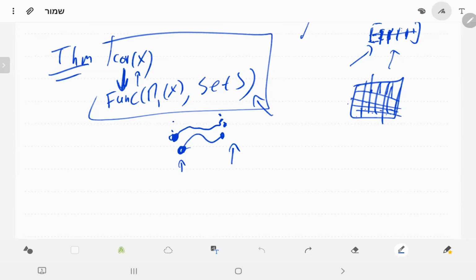Let's say X is connected, and then pi1 is just a little pi1, and then you just take the action of a group on itself, and this will give you the universal covering. So the universal covering is a covering such that the fiber at each point is just pi1. So the functor in the other direction gives you the universal covering.